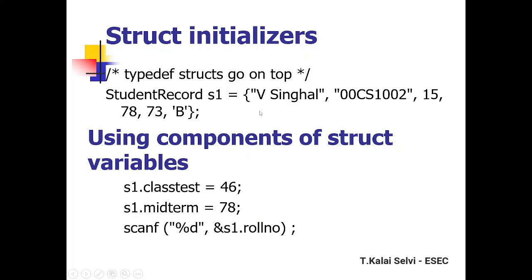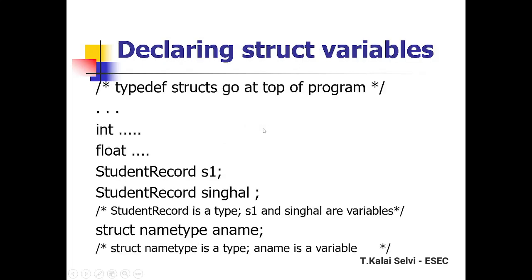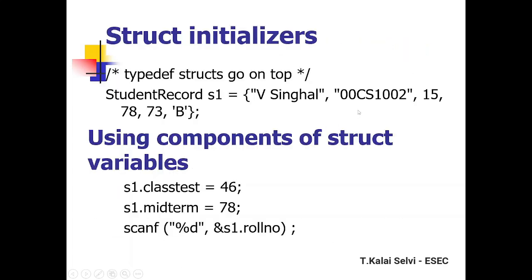So we have declared a structure here, and for this structure we have assigned a value with the help of this statement. So this statement helps in assigning the values to a structure. This is nothing but the structure initializer.